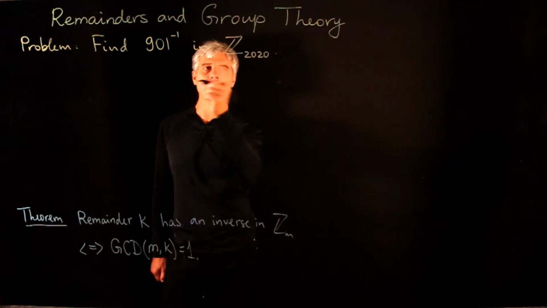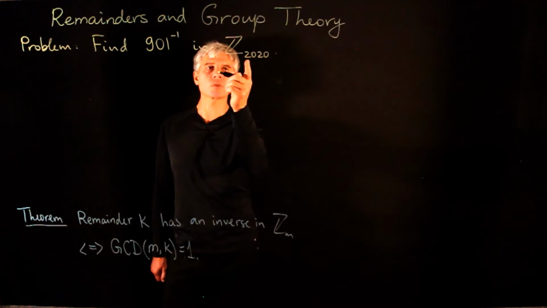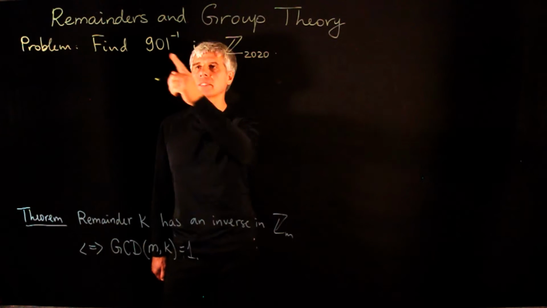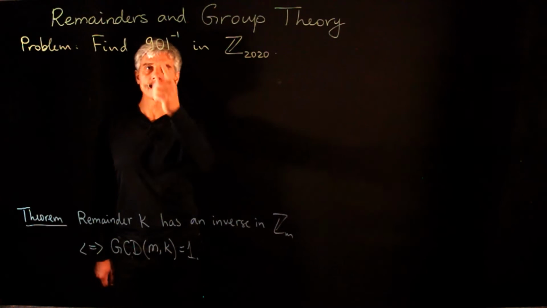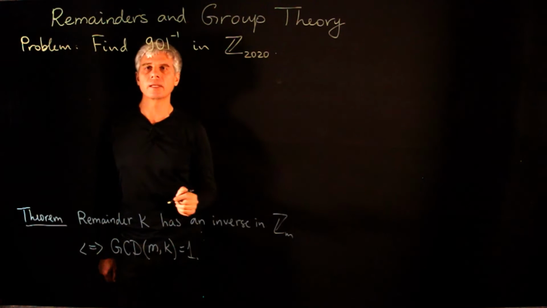So the greatest common divisor of 2020 and 901 is equal to 1, and by this theorem, this remainder is invertible.